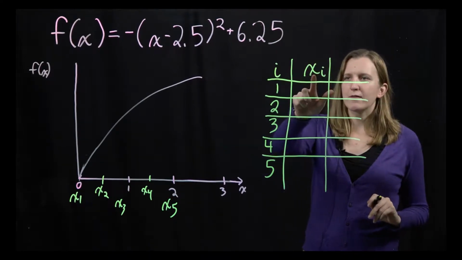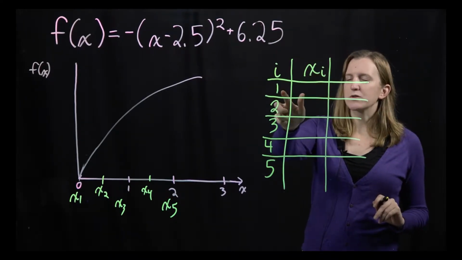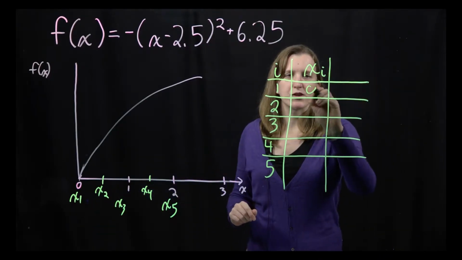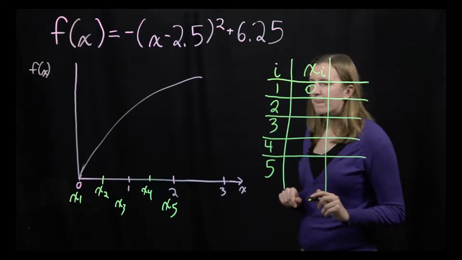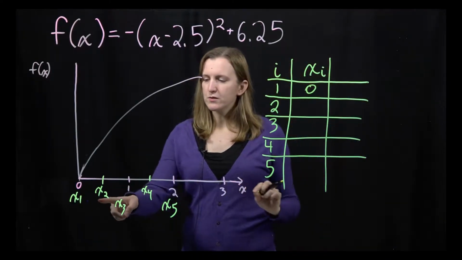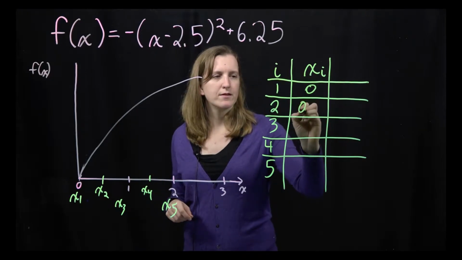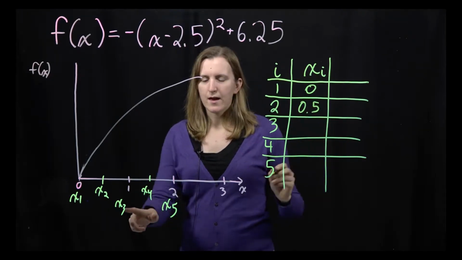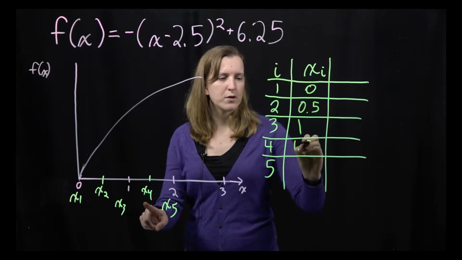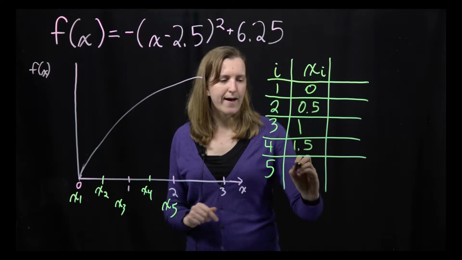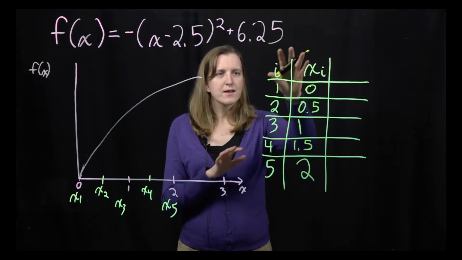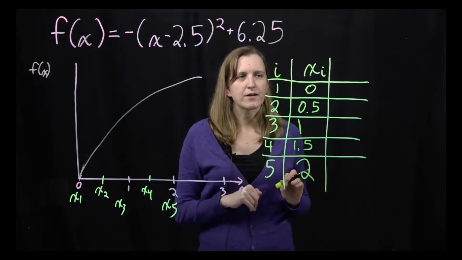So the value of xi when i equals 1, so this is x1, is just equal to 0. We can also do it for x2, this is 0.5, x3 is 1, x4 is 1.5, and x5 is equal to 2. So this gives us our list of x values.